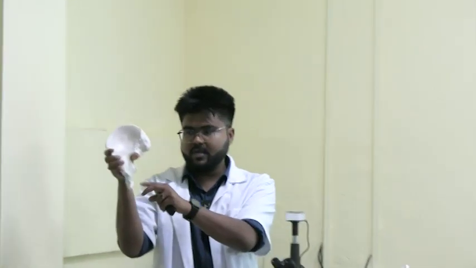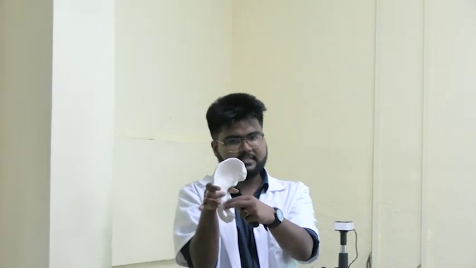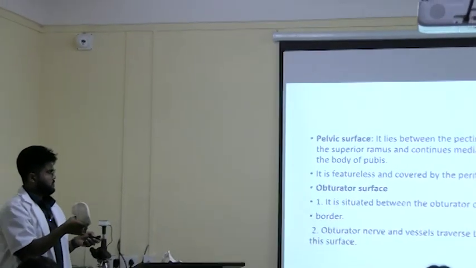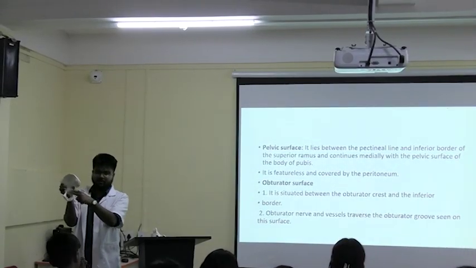You can see here, in the pectineal surface, the pectineus muscle is attached. This pelvic surface is related to our peritoneum or pelvic part.